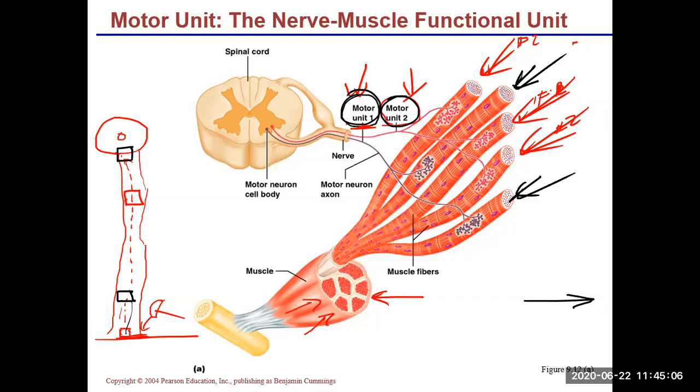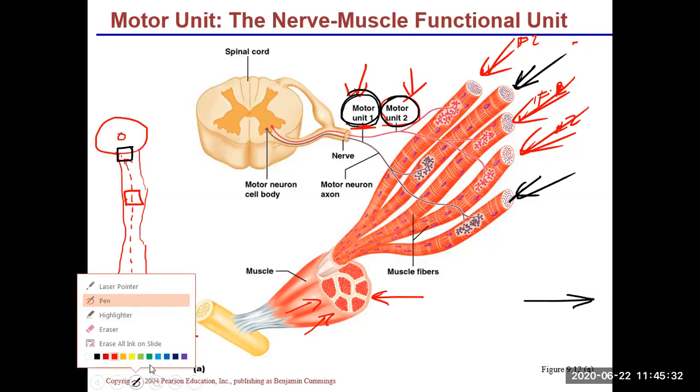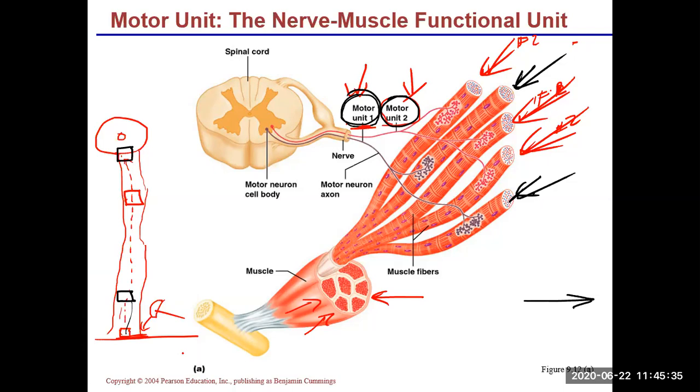It just means it has more muscle fibers. You could see that now. These nerves are controlling more muscles, versus motor unit number one.